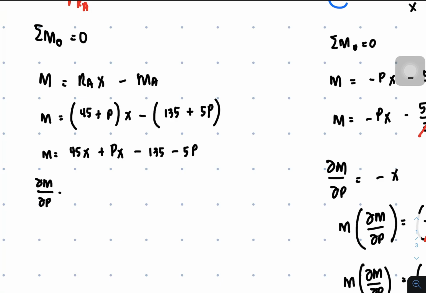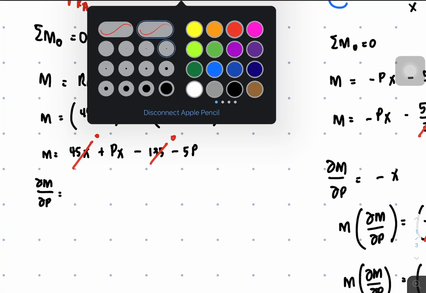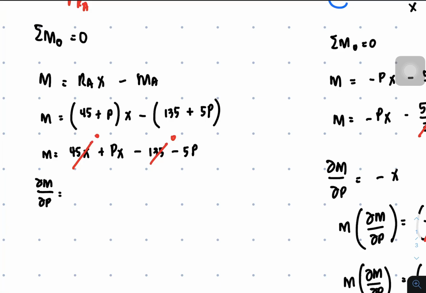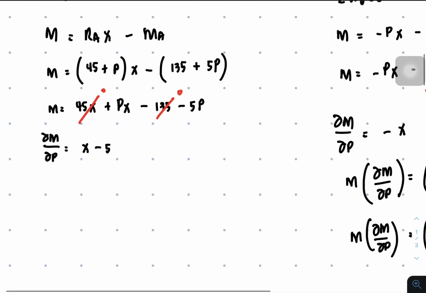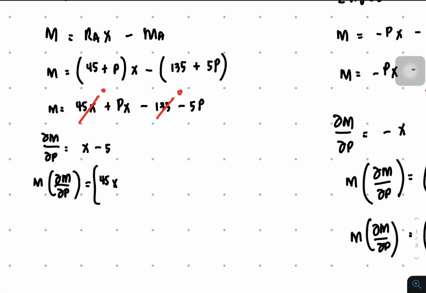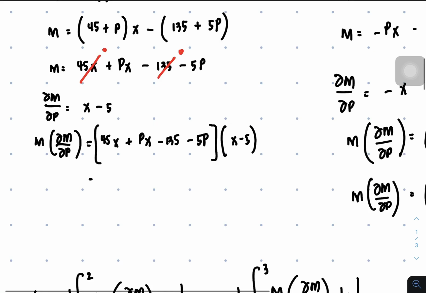There. And then to get the partial derivative of M with respect to P, we're going to set this to 0, those terms without P. And this is going to be x minus 5. So the term beside P is x. That's why it's x here. And then the term beside P is negative 5. That's why it's minus 5. And then to get the product of the two, it's going to be 45x plus Px minus 135 minus 5P times x minus 5.